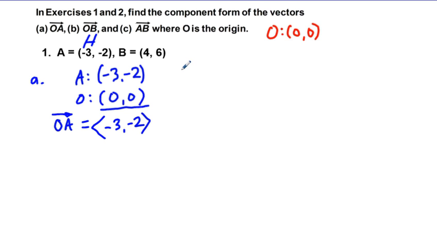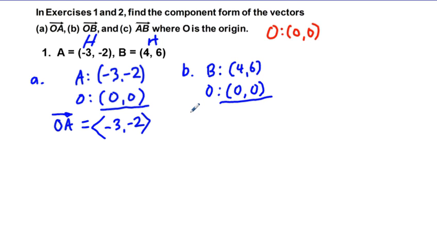All right, let's look at problem B. B, we're going to have OB. Well, in this case, the head is going to be B. The tail is the O. So we'll put B, head minus tail, 4, 6. And the tail is O, which is 0, 0.